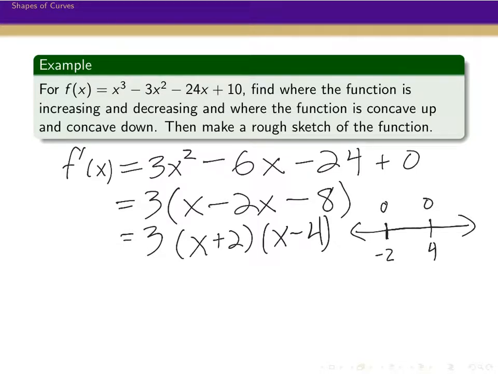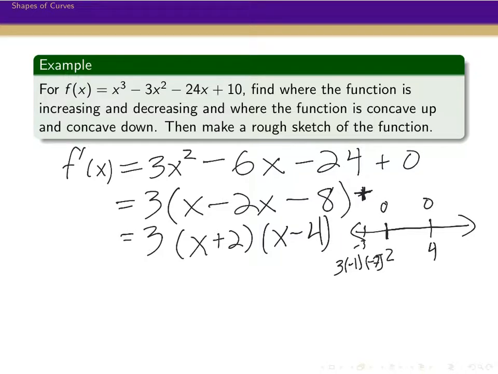For the region left of minus 2, I can plug in minus 3, say. Plugging minus 3 for x in the factored form, I get 3 times minus 1 times minus 7, so that's 21, which is positive.